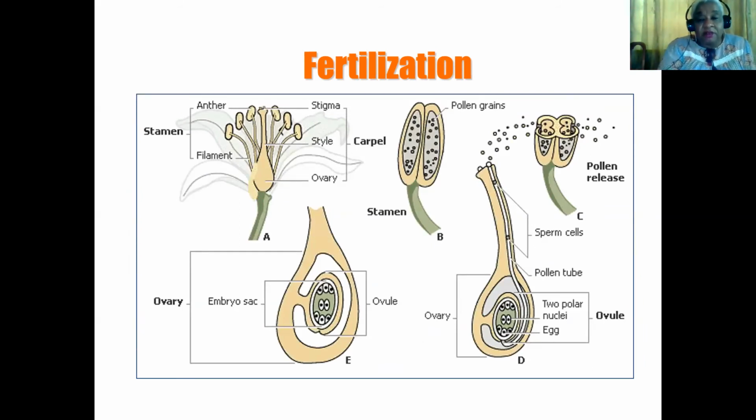We have the pollen grains released. They land at the top of the stigma. A pollen tube starts to grow, and the sperm cells, which are the nuclei of the pollen, the male gamete, are going to go towards the ovule, which has 2 nuclei in it.